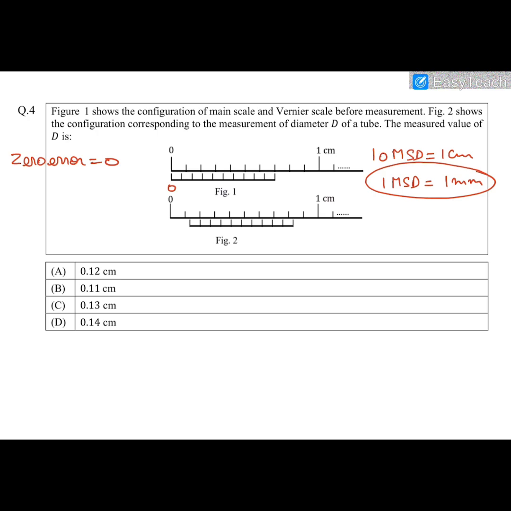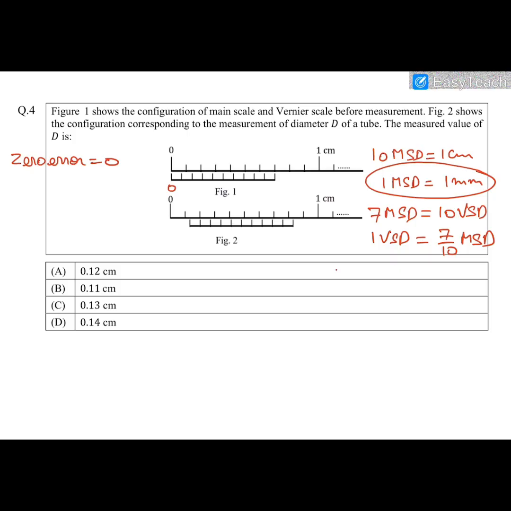And we can also say that, counting 1, 2, 3, 4, 5, 6, 7, 8, 9, 10 on the main scale and 1, 2, 3, 4, 5, 6, 7 on the other, 7 MSD are exactly matching with 10 VSD. So 1 VSD will be equal to 7 by 10 MSD.